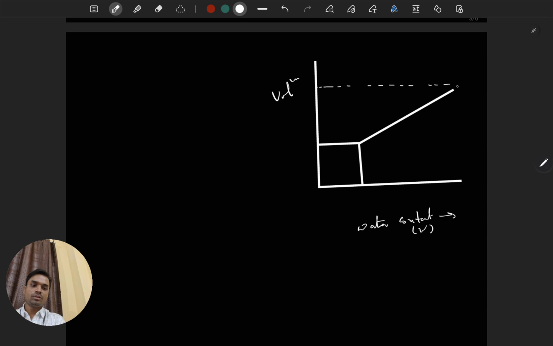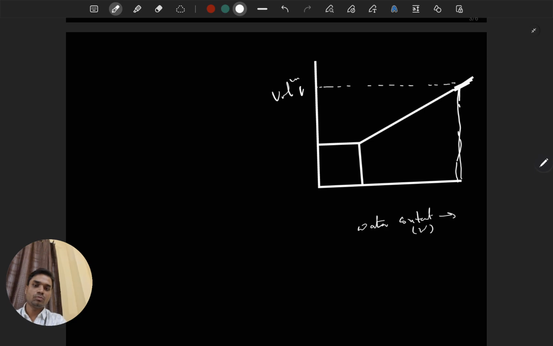The volume will be maximum according to the graph of volume with respect to the water content. In that zone it will go up this way.